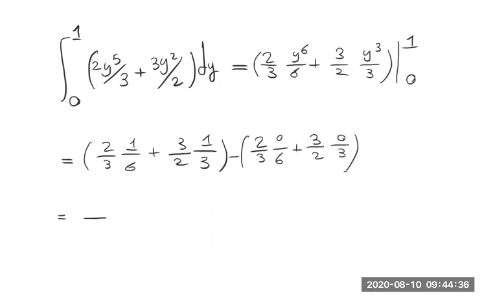This is equal to 1 over 9 plus 1 over 2, which is 11 over 18. If you gave this answer, that's good. So that's pretty good. That's how we compute these iterated integrals in terms of different variables.